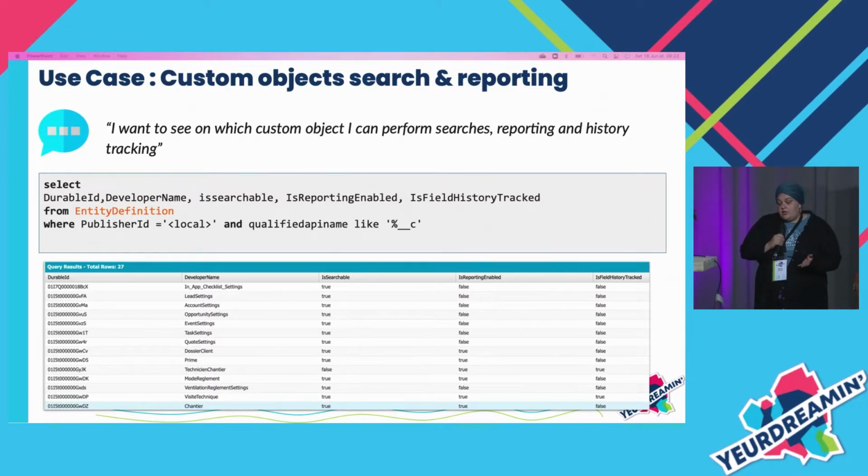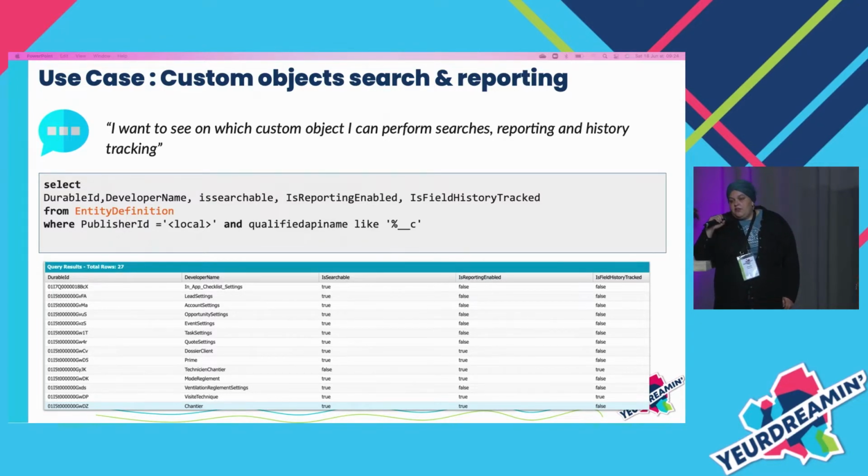Also, you see that once again we are querying the entity definition, basically the object, and we are adding two additional conditions. The publisher ID, local, means that we will only keep the objects outside of packages.